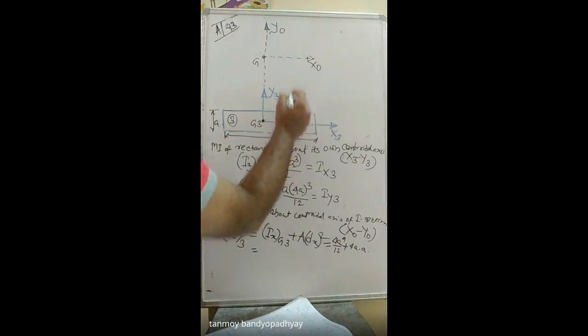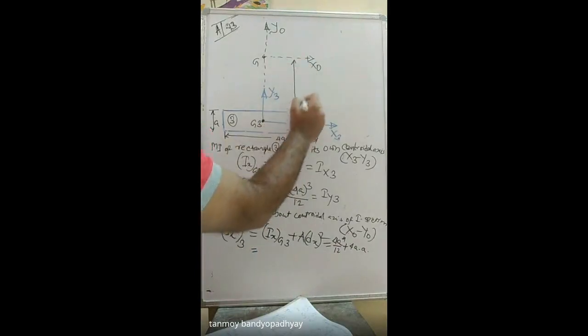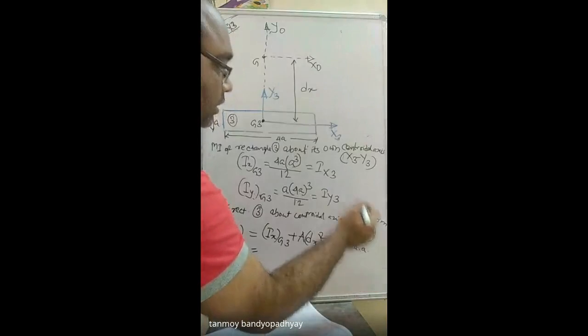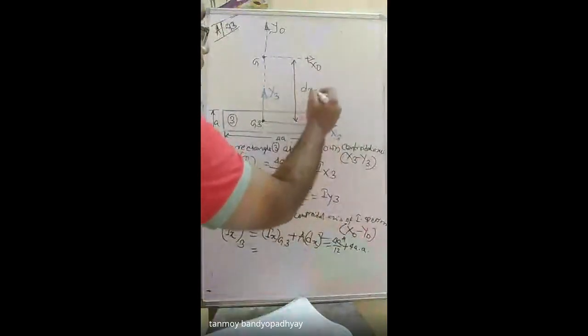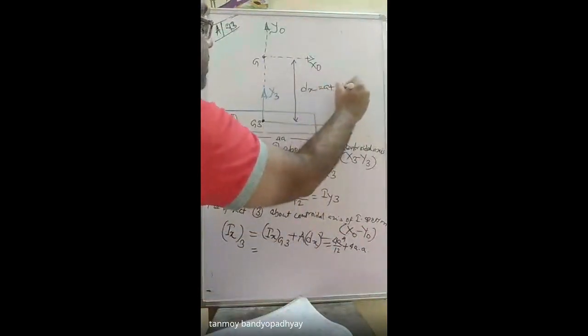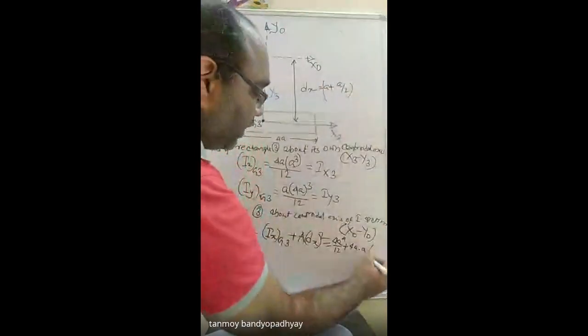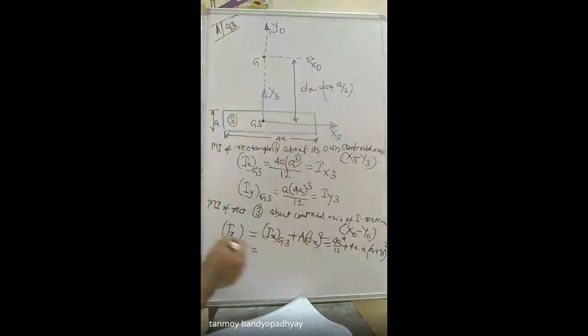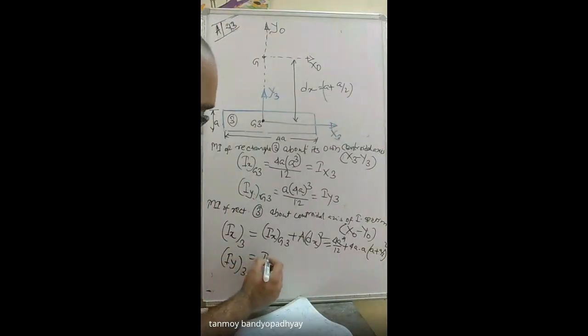What will be dx? dx is this one. You don't need to take it as negative; you could have taken it as negative, but on squaring it will be positive anyway. So dx will be equal to a plus a by 2. Just put the values here: a plus a by 2 whole square. This will be similar to Ix1, the same thing.